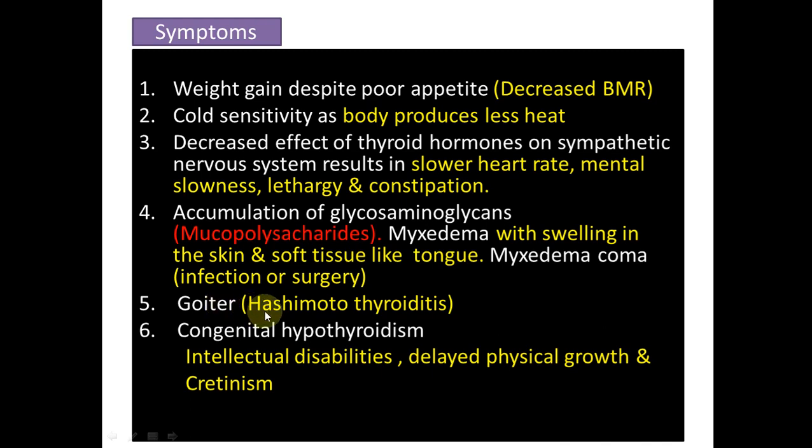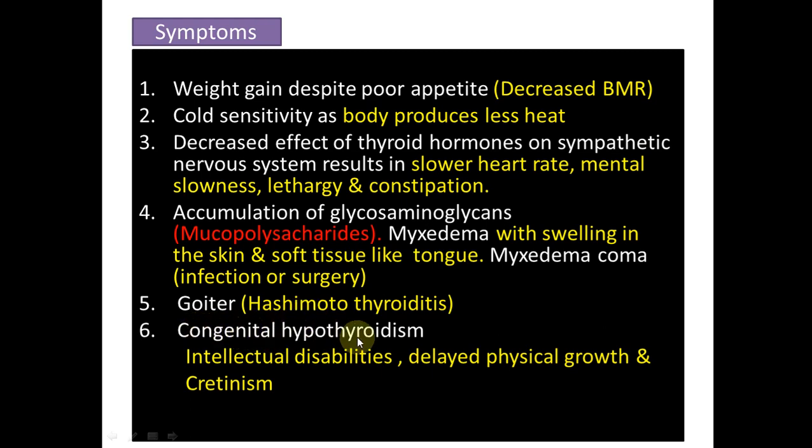And this is because this is an initial attempt of the thyroid stimulating hormone from the anterior pituitary to cause increased thyroid hormone secretion by the gland and causing enlargement of the gland to do excess thyroid hormone secretion.